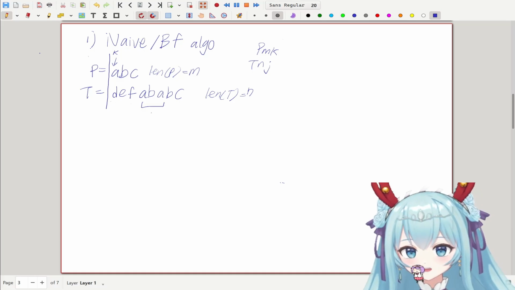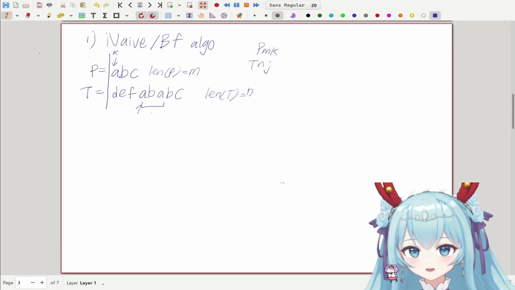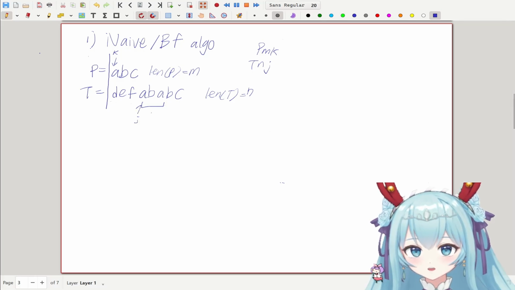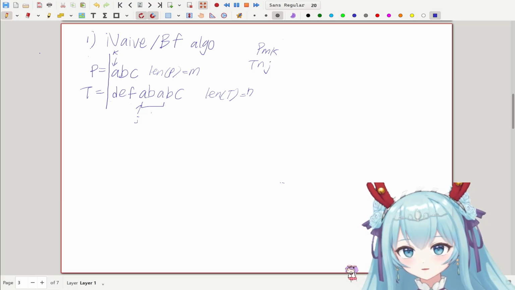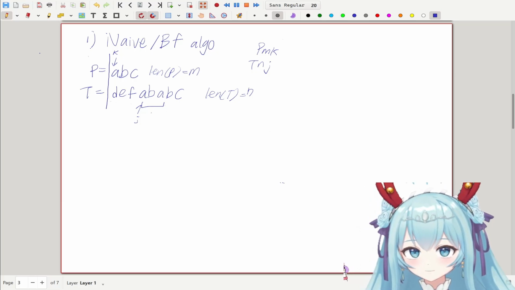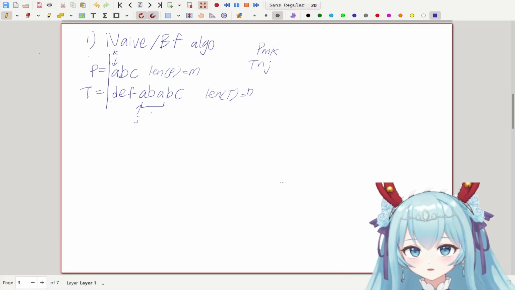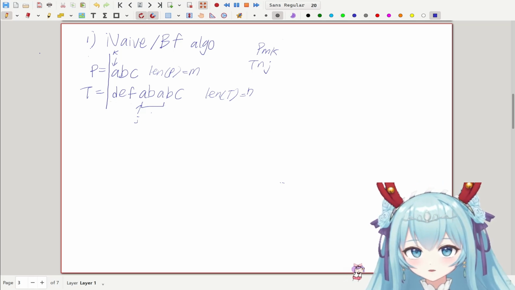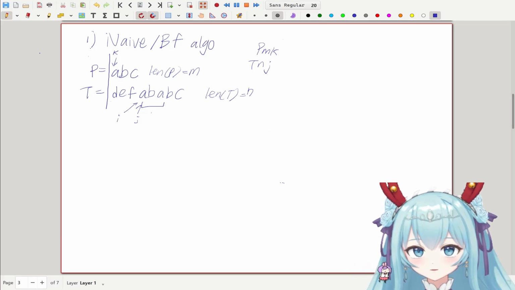Now we're at this window over here, and clearly we can see that the first character matches. So when the first character matches, we want to stay within this window. And in order to stay within this window, we'll need another pointer to keep track of where this window is at. So we have another variable called I over here.